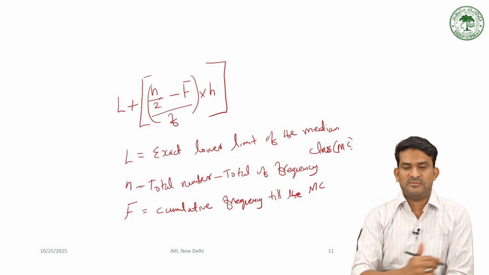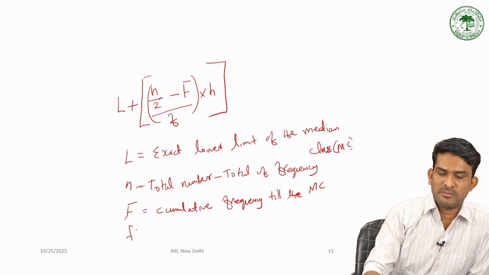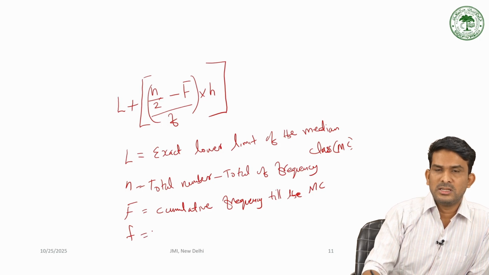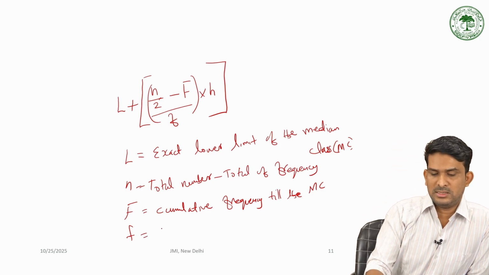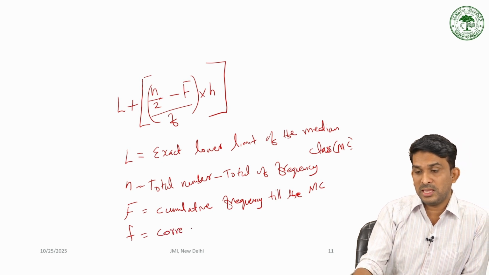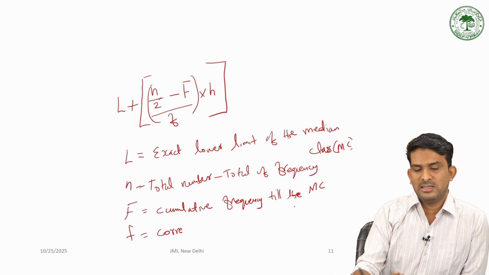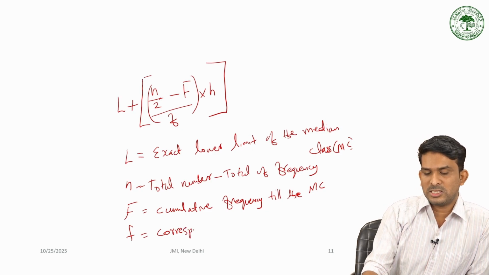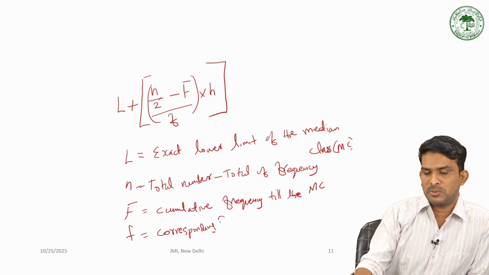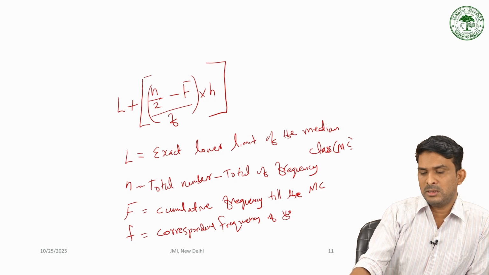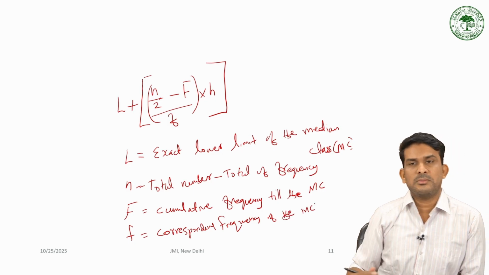What is small f? Small f is the corresponding frequency of the median class, not cumulative. Capital F is the cumulative frequency till the median class. Small f is the corresponding frequency of the median class, I have mentioned MC.